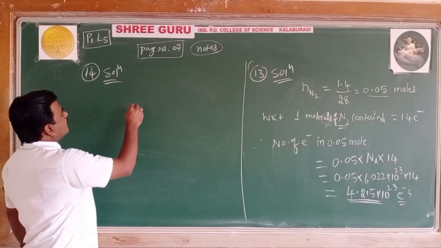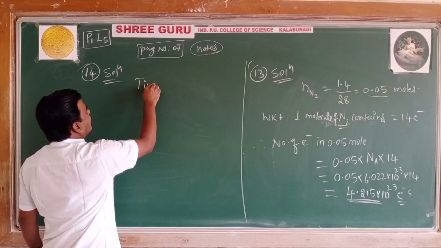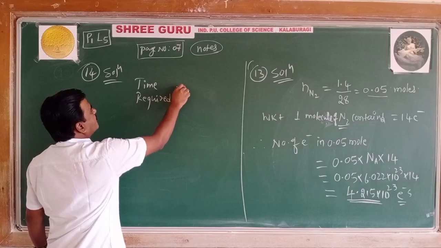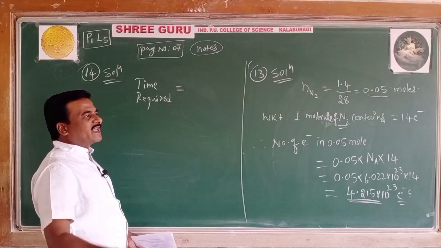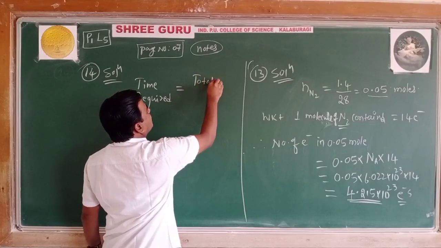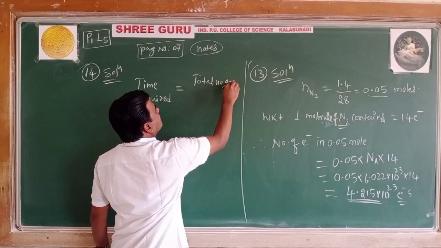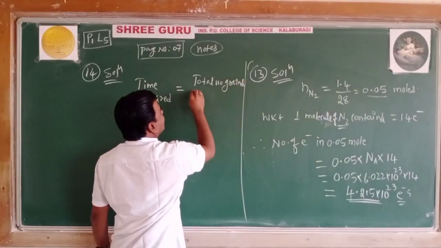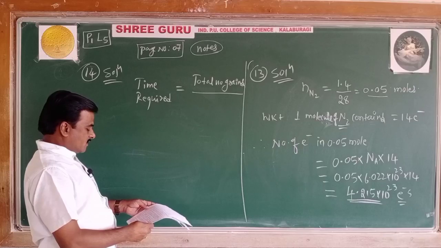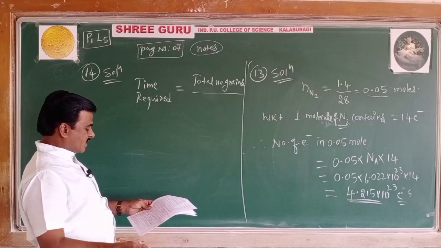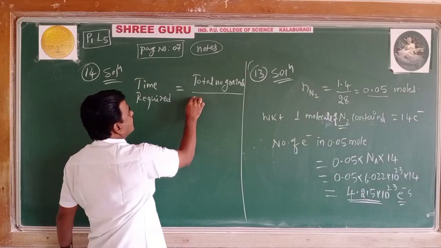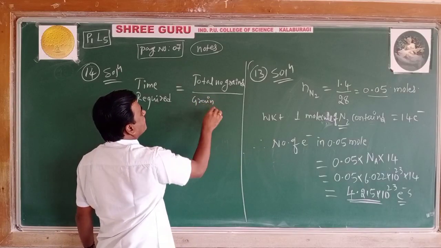So what you have to calculate is the time required, which is equals to total number of grains divided by what? How many grains are distributed in every second?